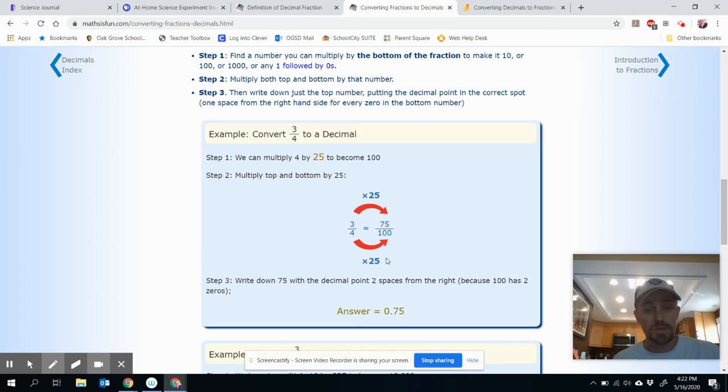Remember, you have to do the same thing to your numerator and denominator, and you get 75 over 100. 75 over 100 is 75 hundredths. So you write your 0 and you go, okay, 7, 5, and here's my 10th, here's my 100th column, so that is 75 hundredths, and that is, of course, how they got their answer.